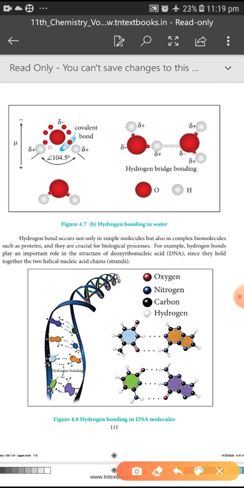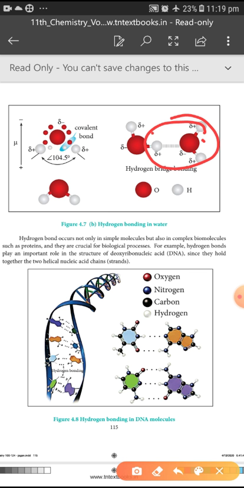See the structure. Water, NH3. Here the bond is between oxygen and hydrogen. That dotted line represents hydrogen bridge bonding.